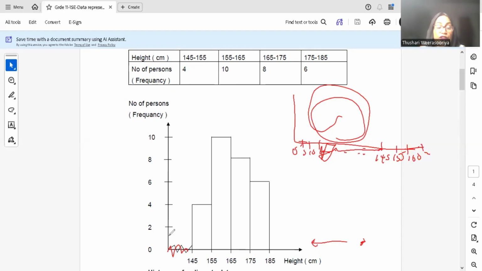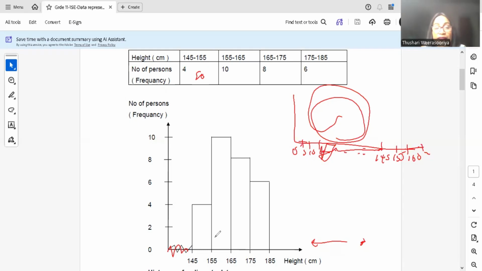Then we don't need to put the zigzag here. If the data starts at 50, 60 like that, you can drag the scale likewise. When you see the zigzag, that is not the correct scale. It was 0, then it jumped to 145. When you are dragging the scale, you have to put the zigzag. Then you draw 45, that is 4, and like that you draw the histogram.